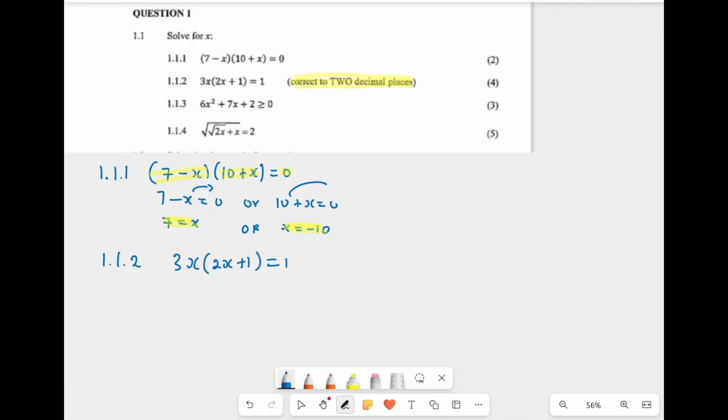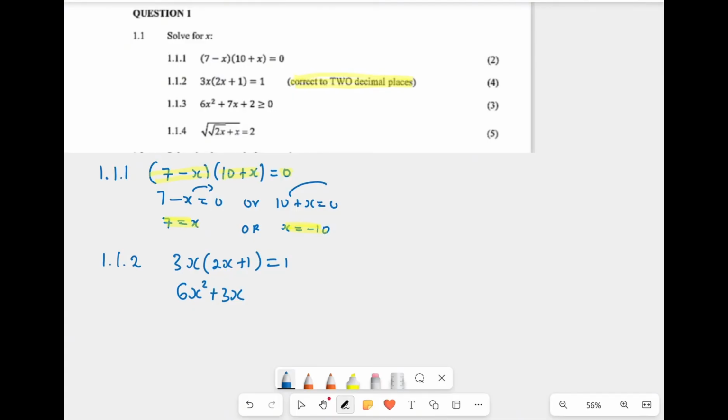So before we use the quadratic formula, we need to make sure that our equation is written in standard form. Ax squared plus bx plus c is equal to 0. So we are going to multiply out the brackets. So we are going to have 6x squared plus 3x.